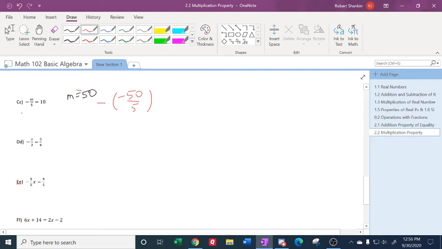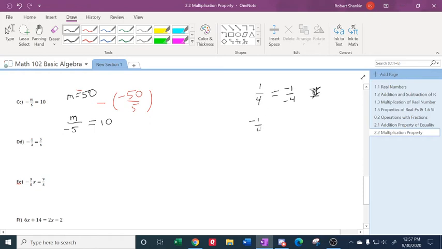Now, let me show you another way to look at this. This problem is the same as this. Fractions, if I had the fraction 1/4, these are equal to each other.